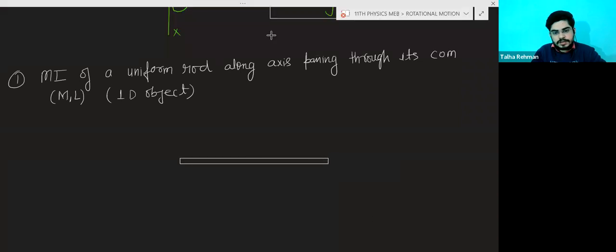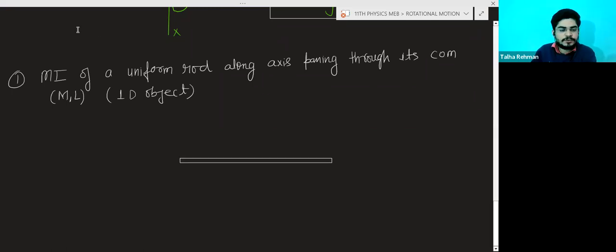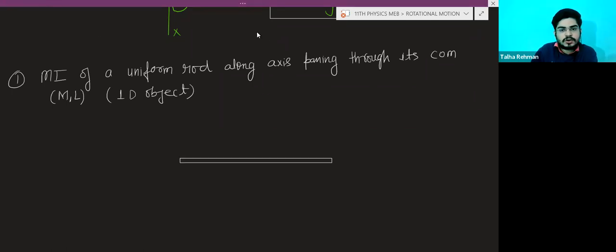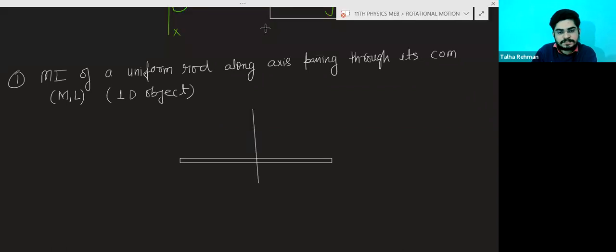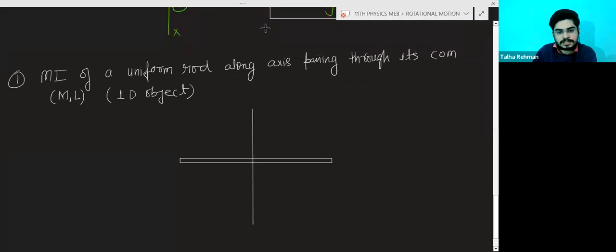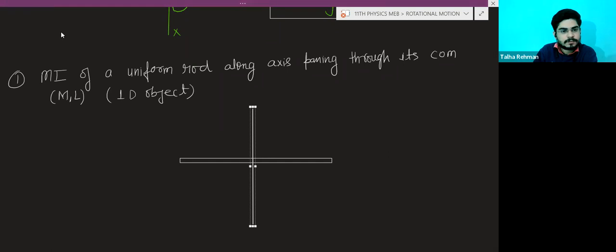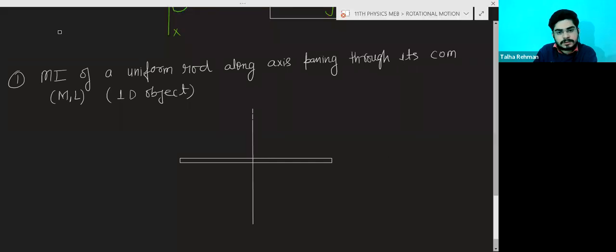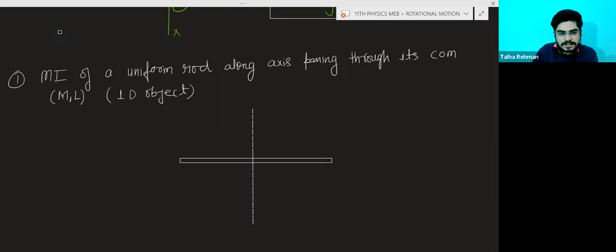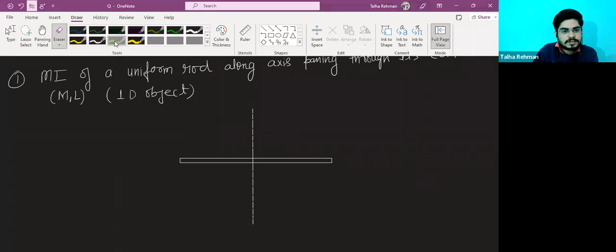So suppose this is a rod, of very negligible thickness, and we want to find the moment of inertia of this rod about an axis which is passing through the center of mass. This is the rod, and this is the axis, and this axis is passing through the center of mass.